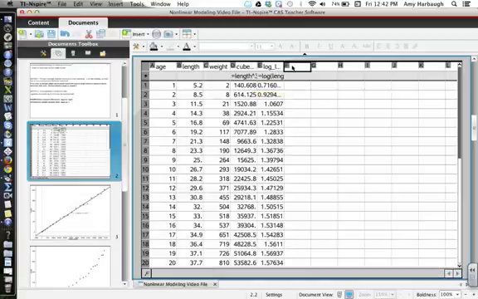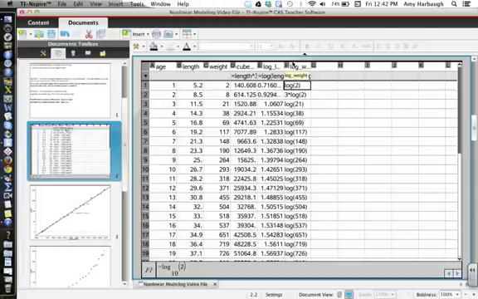Then in the next column I'm going to take the log of the y variable, which is weight, so log_weight, and in the gray box you type log parentheses weight, enter.